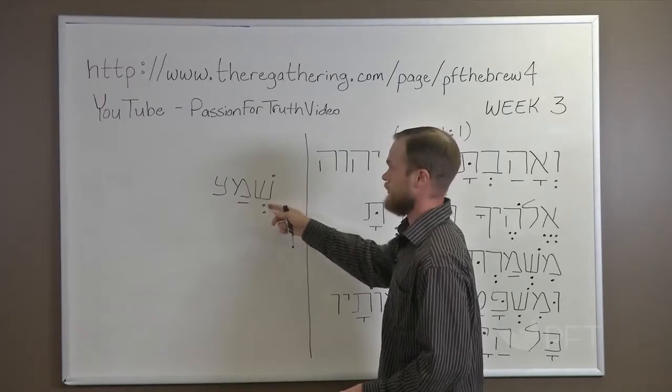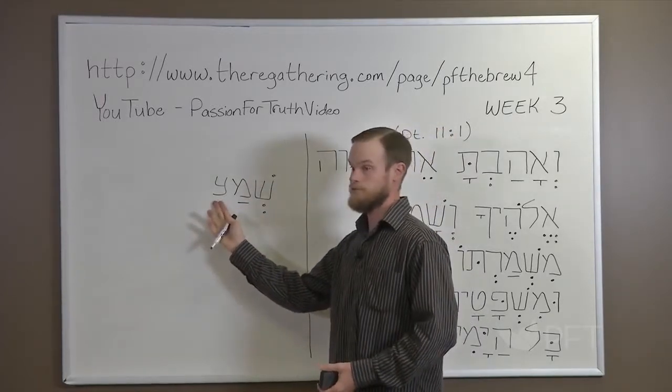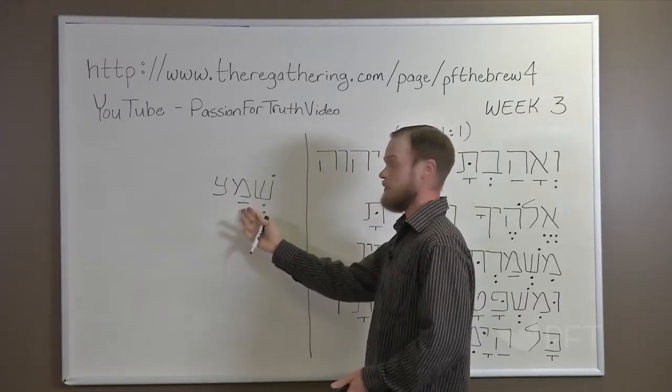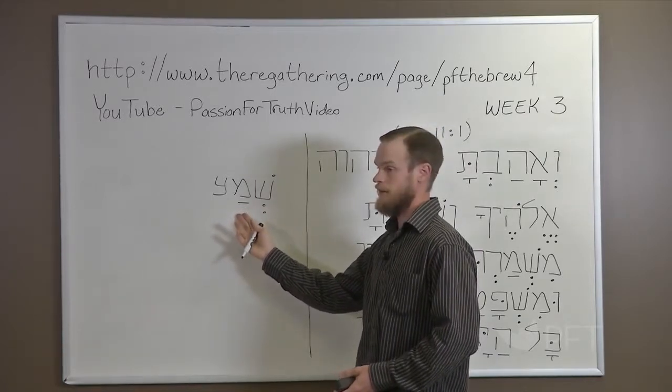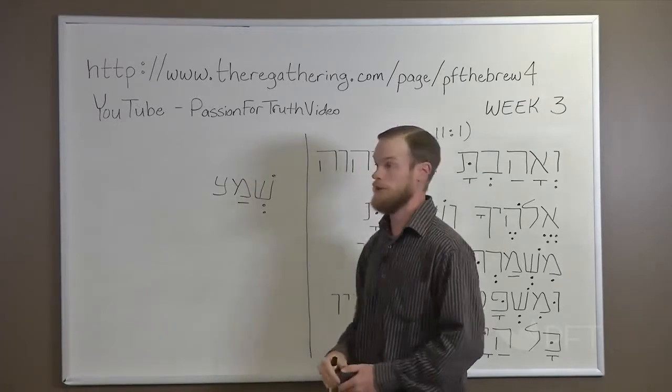We've got our first radical, a shva, our second radical, a patach, and then our third radical here. Our third radical is an ayin, so this is a patach here instead of a cholam, right? Following our rule on gutturals.